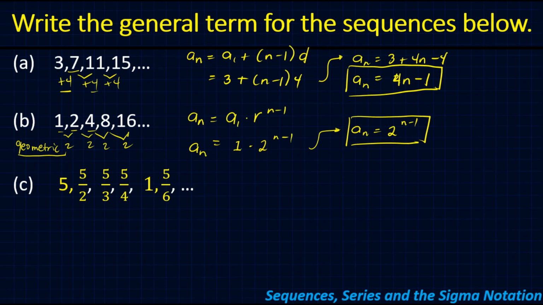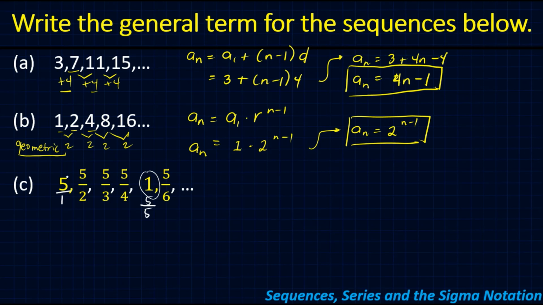meron tayong makikitang pattern. Okay, again, when we have the general term, pattern ang hinahanap natin. Okay, so when we have 5, pwede natin siyang isulat in fraction as 5 over 1. Okay, so parang nakikita na natin yung pattern na 1, 2, 3, 4. Kung gagawin natin na ang denominator natin dito is 5, tapos yung numerator natin are the same with 5, okay, so tama, na-obtain natin yung 1. So 5 over 5.